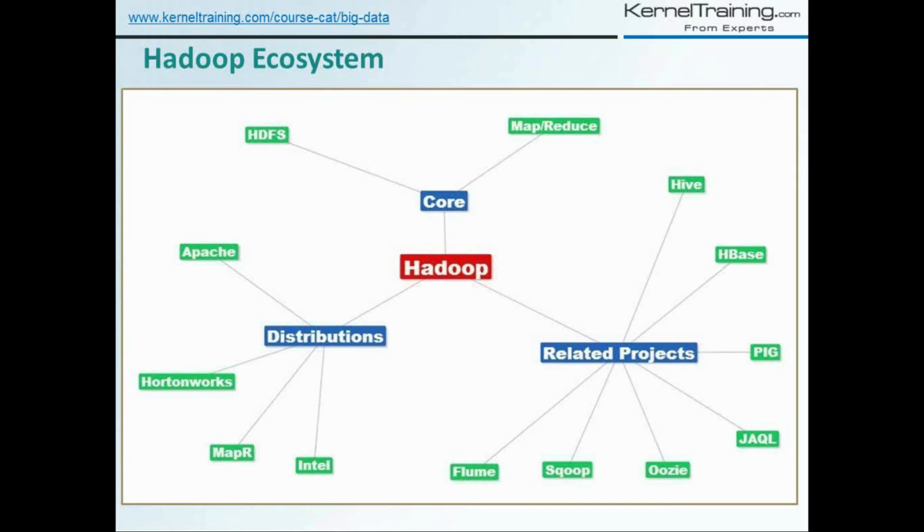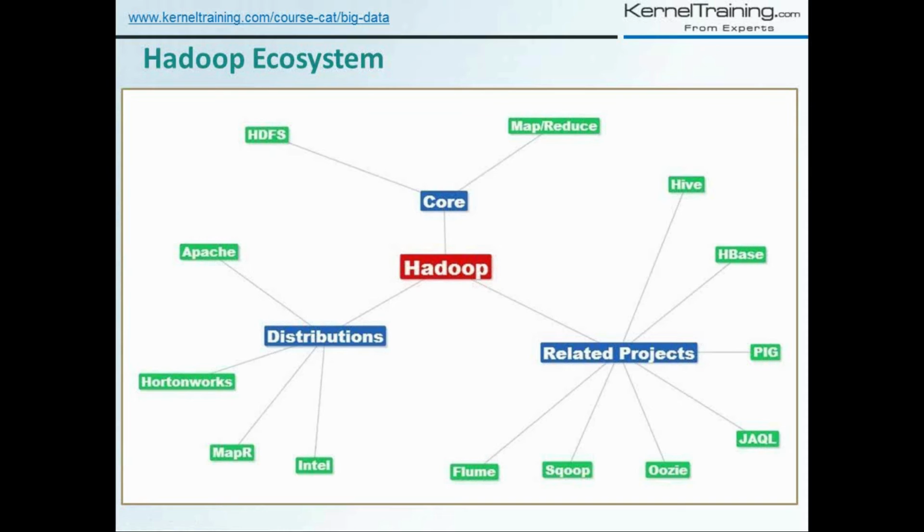Okay, this is about the Hadoop ecosystem. Let me summarize this. The default core concepts are HDFS and MapReduce. HDFS talks about how to divide your data. MapReduce talks about how to process your data using programs.